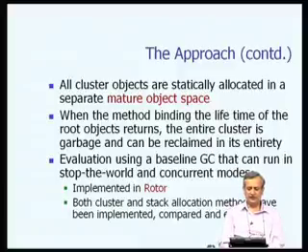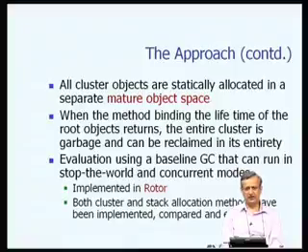So, all cluster objects are statically allocated in a separate mature object space. So, this space is separate from either the stack or the heap, okay, and this is not collected by the garbage collector routinely.